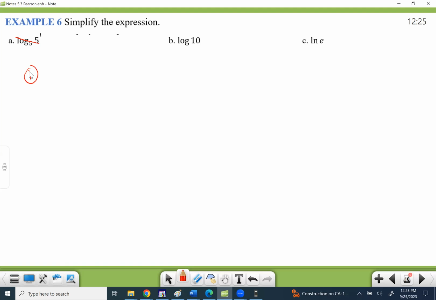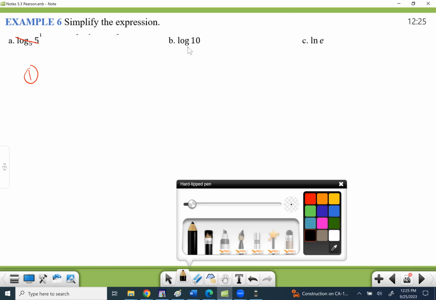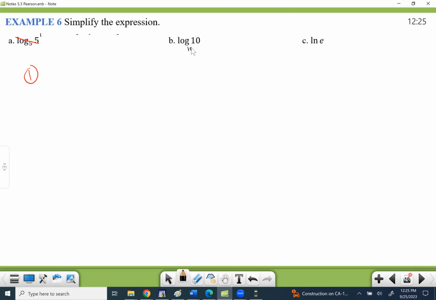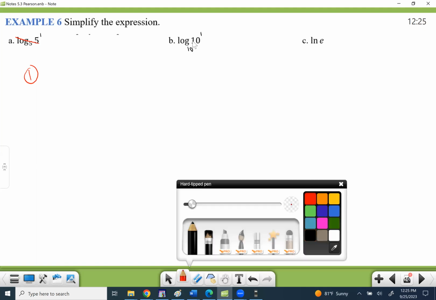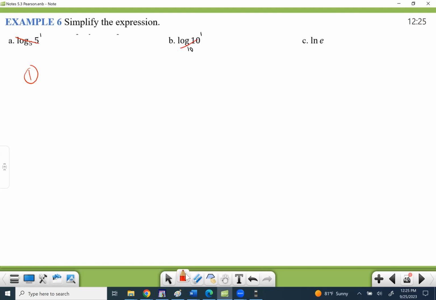This is the exact same question as A. If the base is 10 on the log when they don't write it, that's the common logarithm, and it still has the exponent of 1. Since the base of the log matches the base of the exponential, they're going to undo each other, and you'll just get out 1 again.